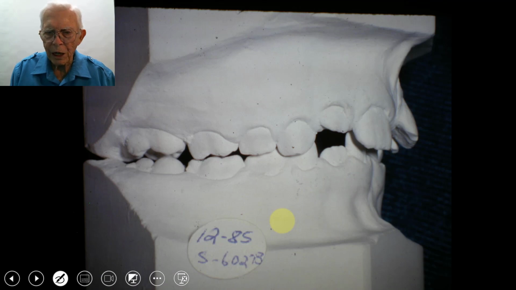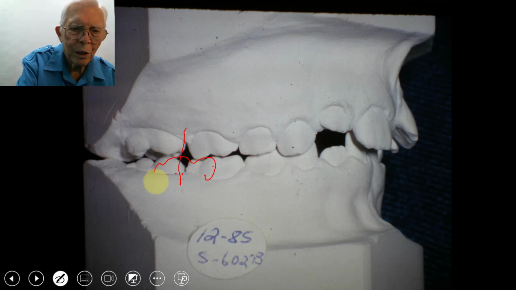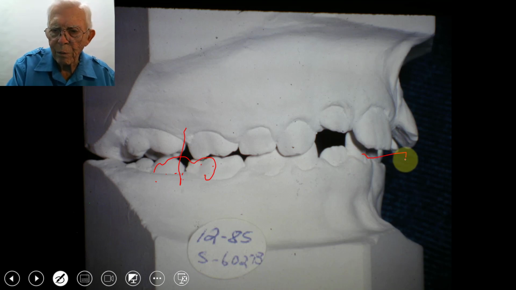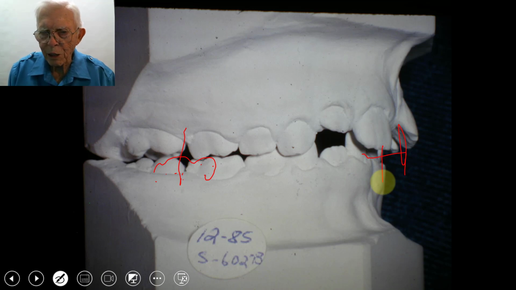Now this case has several other orthodontic problems. These are 6-year molars. Actually the lower 6-year molar should be out somewhere like this, and we need to bring this forward to bring the upper teeth and the lower teeth into the right position. We need to move the jaw forward to do that.